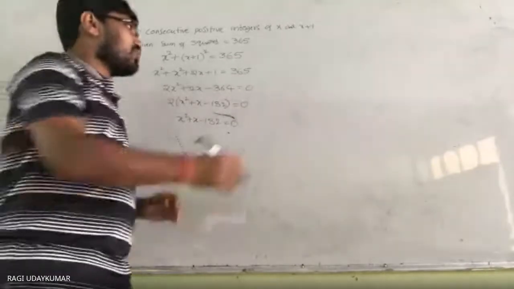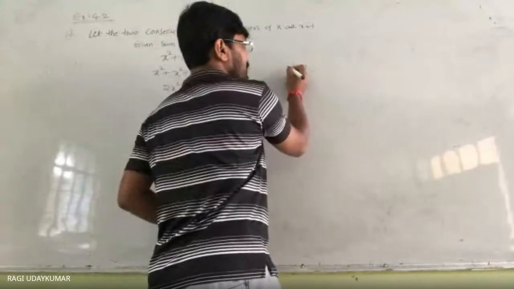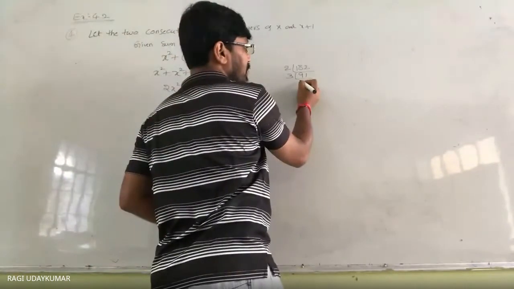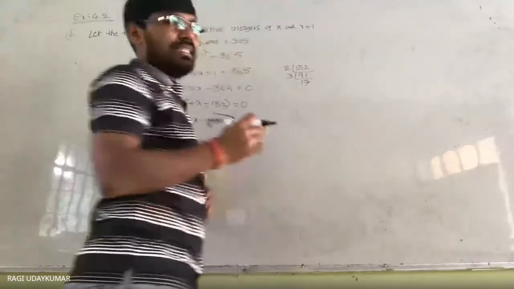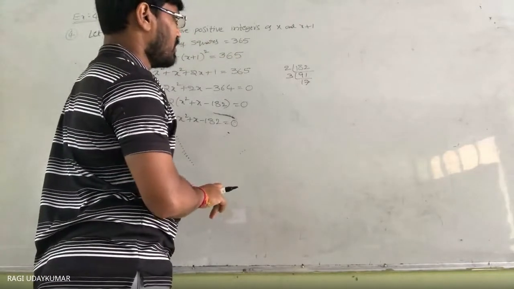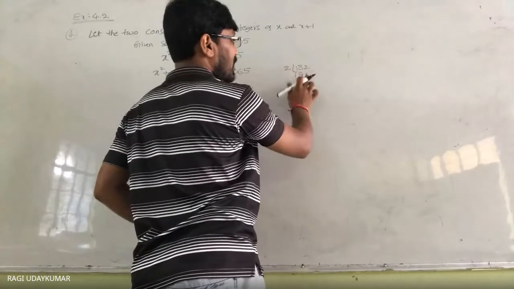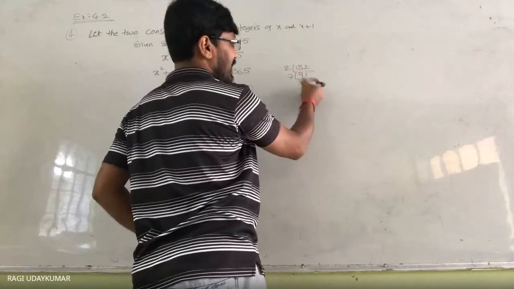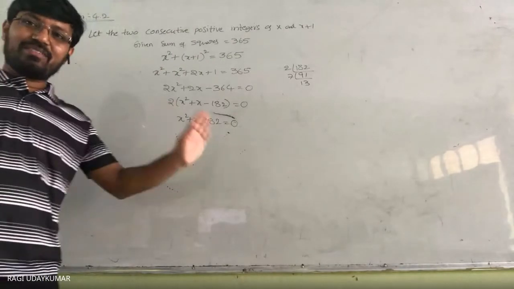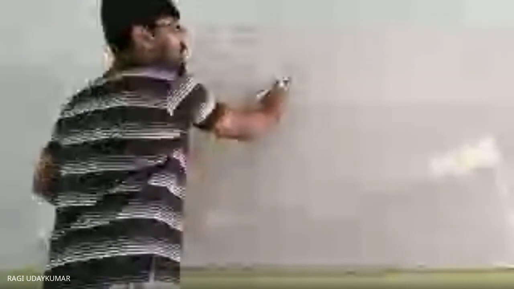Okay. So now the factorization of 182. 2 91, 3 17... sorry, it is not divisible by 17. 13 7, sorry. 91 is 7 times 13. So the factors are 14 and 13.